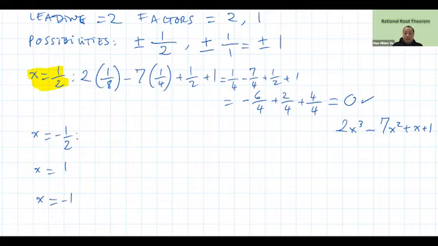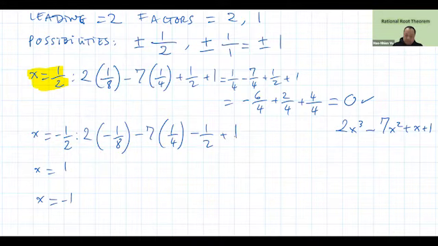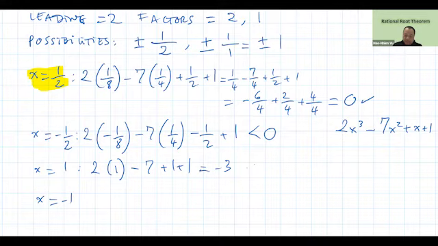Now for x equals -1/2, I see a bunch of negatives. I don't need to calculate this out. I know that it's some negative number, and also some sort of fraction. It's not going to be 0. For x equals 1, I have 2 times 1 minus 7 plus 1 plus 1, which is -3.